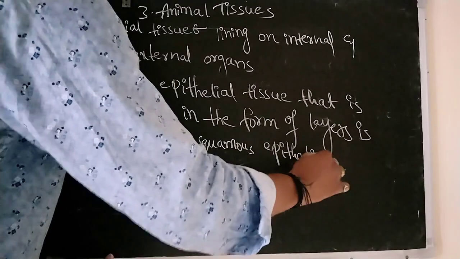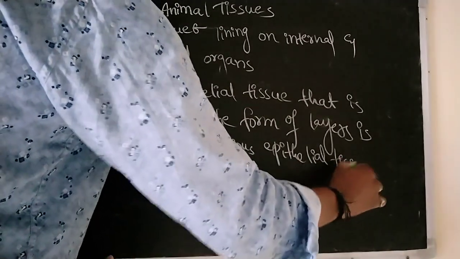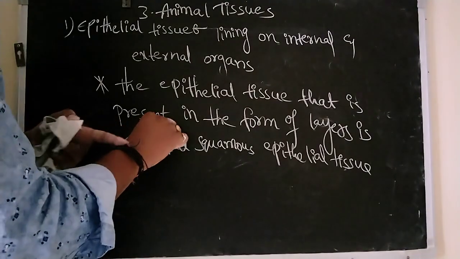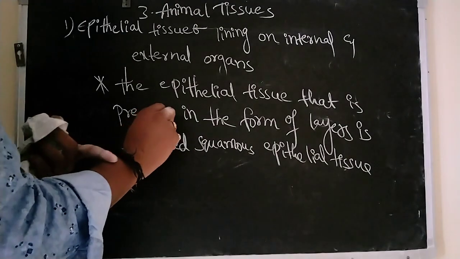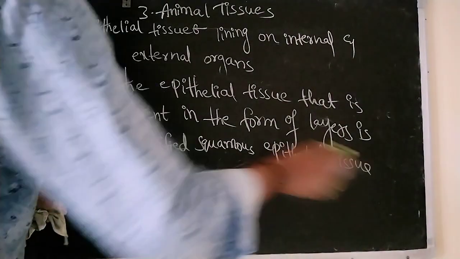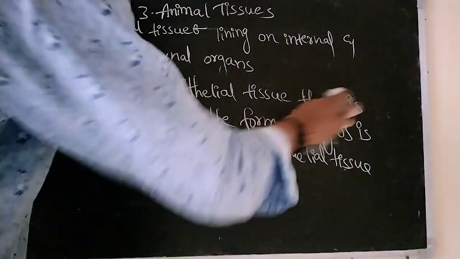This is present in our skin. Whatever surface we are seeing here is present in the form of layers. So which epithelial tissue is it? Stratified squamous epithelial tissue.